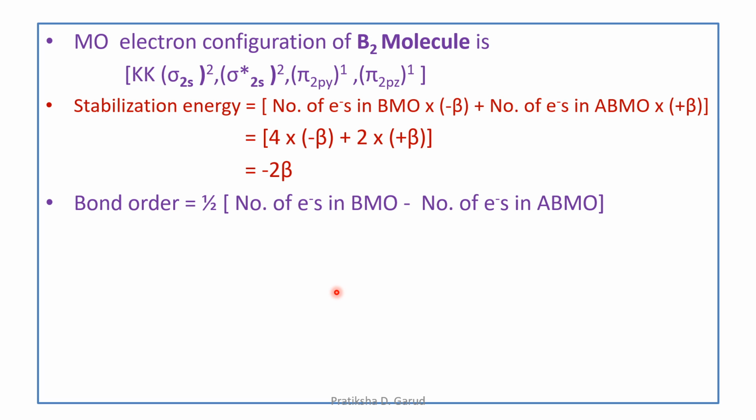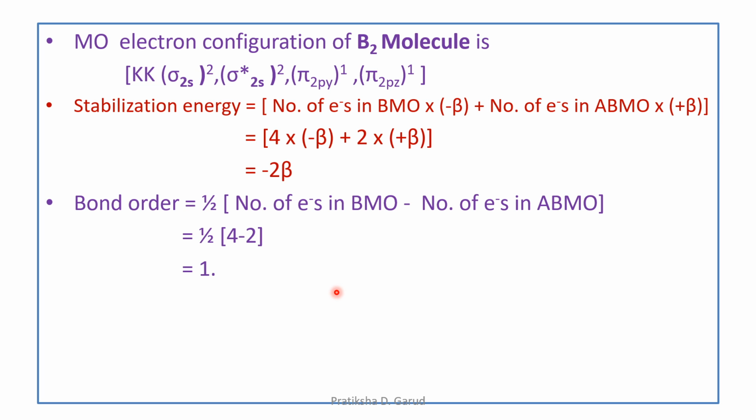Then bond order, which indicates the number of bonds between the 2 atoms. It is given by the formula 1/2 into number of electrons in BMO minus number of electrons in ABMO. So this becomes 1/2 into 4 minus 2, and this becomes 1. So as the bond order is 1, we can say that there is a single bond between the 2 boron atoms.